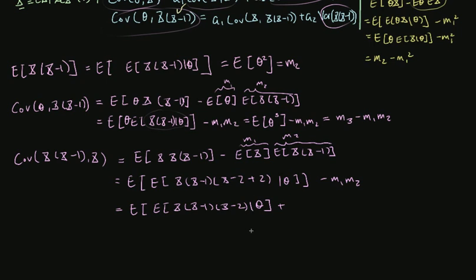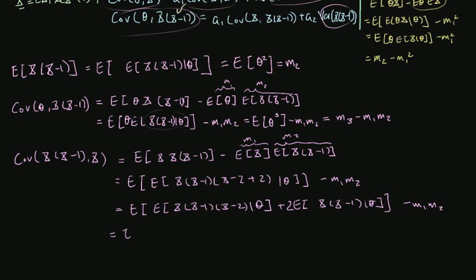And by linearity of conditional expectation, what I have in the next term is the mean of x multiplied by x minus 1 given theta multiplied by a2, which comes from this plus 2 here, minus m1 m2.